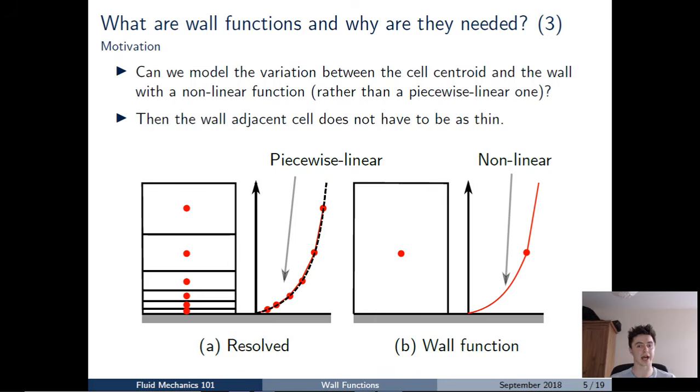The way we would do that is by, instead of having a linear variation between that cell centroid, the red dot, and the wall, we have a non-linear function instead. That would allow us to use much larger cells, reduce the total cell count, and also improve the stability of our CFD solution. So that's really the motivation, but what is this nonlinear function and what would it look like?